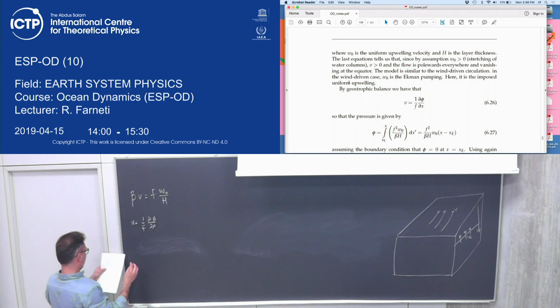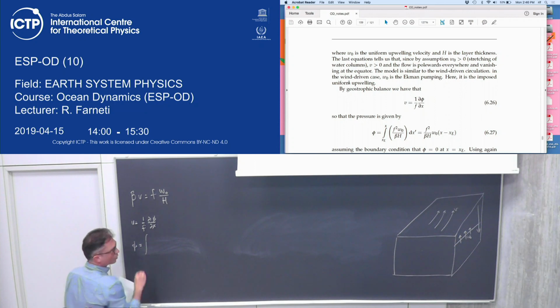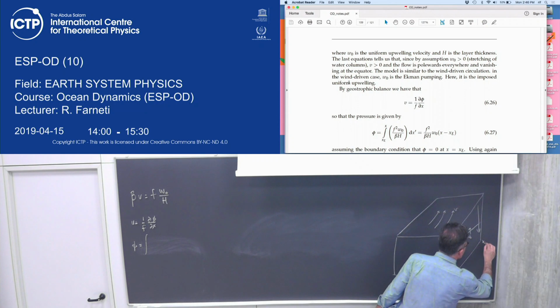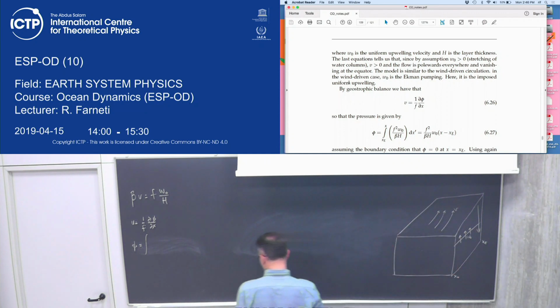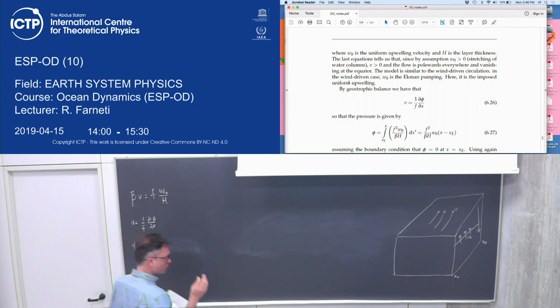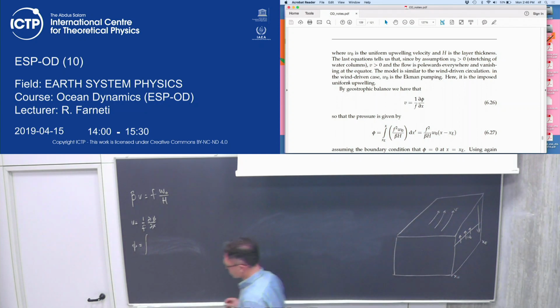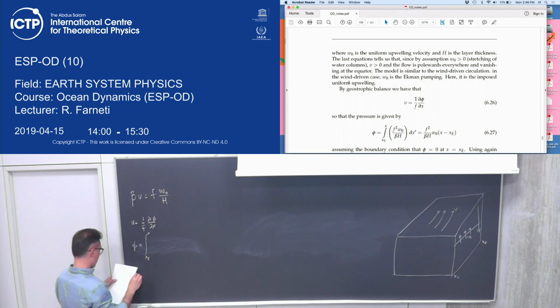The pressure is given by psi. You integrate from x to x e.